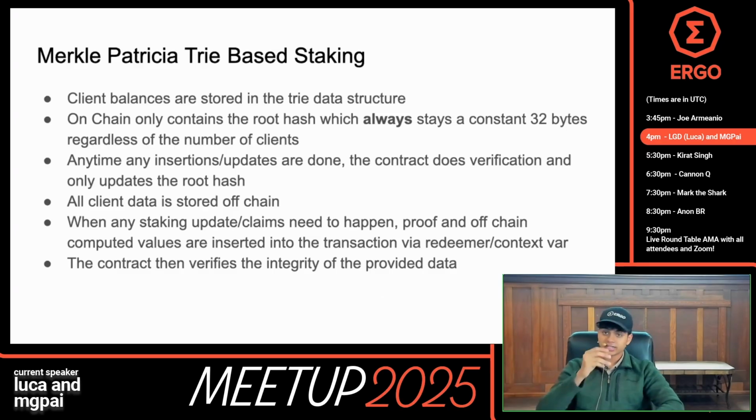Like the address had an initial balance of 1 erg, and then a year later it has 100 erg, right? You can track that. In the same sense, you can track this data in the redeemer or context variable. So really to summarize, you can get back the data by traversing historical transactions.